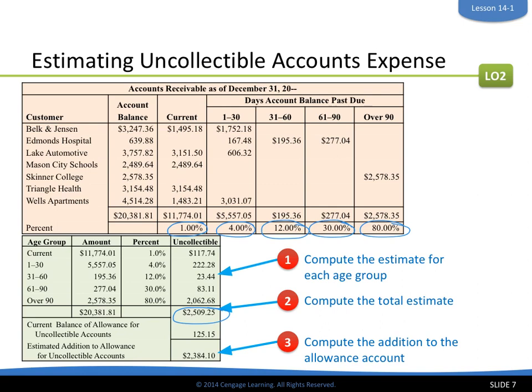Okay, and then right below that is what's already in that uncollectible account. So right now there's already $125.15. So to get up to what we believe the estimate is going to be, we subtract the $125.15 from what we believe should be in there to get what we need to make an adjustment for.